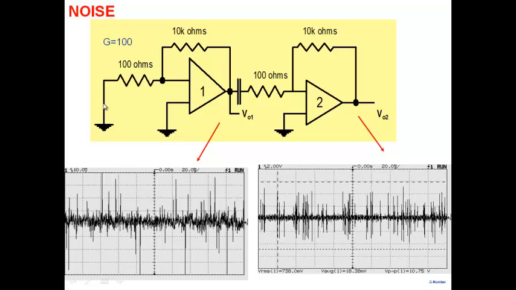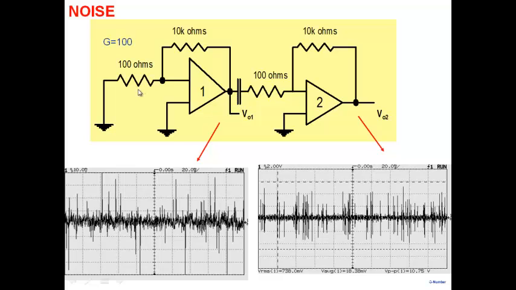If I apply at the input 1 millivolt, or let's say 0.1 millivolt, how much will be the signal at this point? 0.1 millivolt multiplied by 100, which is 10 millivolt. And 10 millivolt is what I see as the noise here. So the noise is comparable to the signal. So obviously my signal is getting drowned in noise.